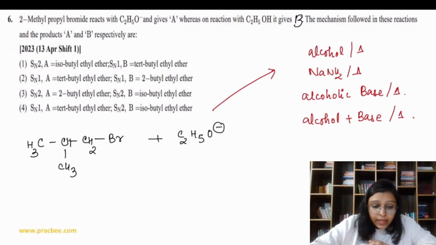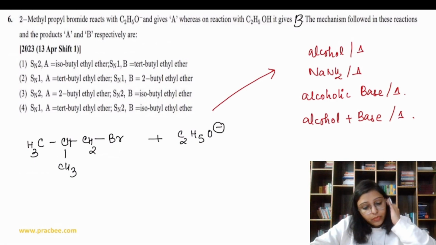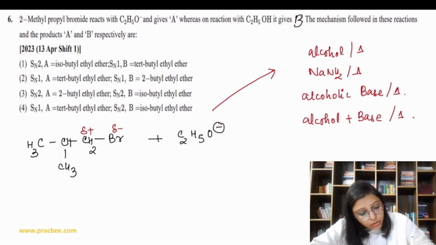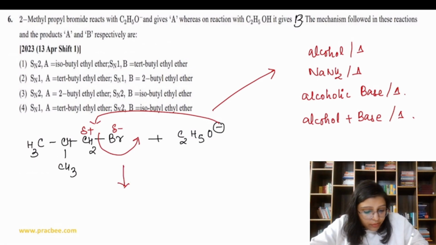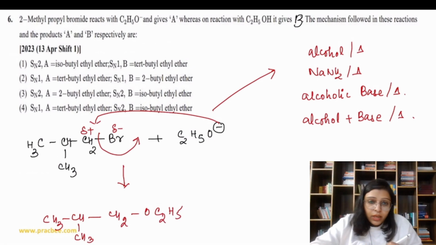So the point is that if you see here, this O minus is delta negative and this is delta positive. So this O minus attacks on this one and Br is removed. If we do this, we have CH3, CH, CH3 and this is CH2OC2H5.